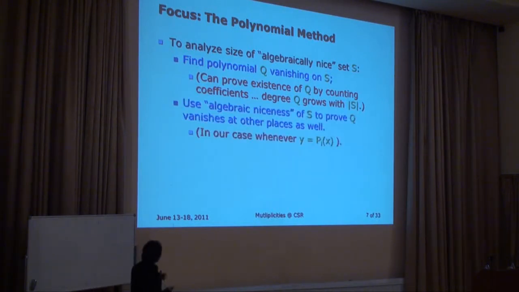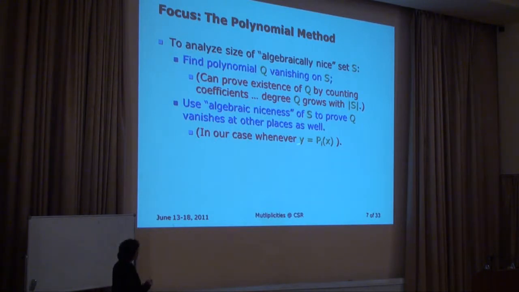And the next thing that we do is we use the algebraic niceness of this set. So in our case, the set happened to be the union of many polynomials. Okay? That's algebraically nice. Use this algebraic niceness somehow to prove that this polynomial Q actually happens to vanish in other places as well.